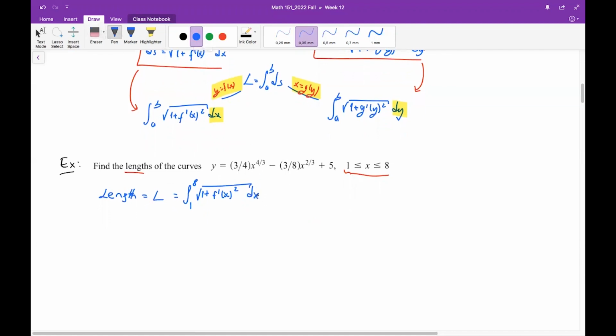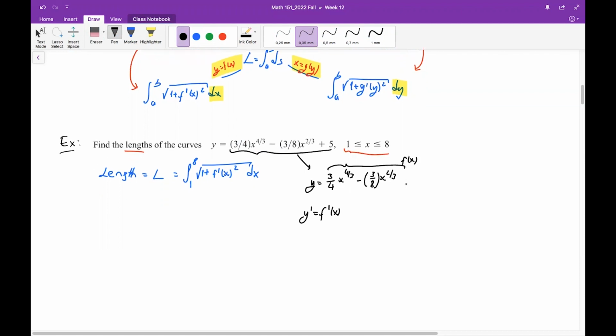Okay, so we need what? We need the first derivative of our function, where the function is given like this. So let's compute it. This is our f of x function. y is given by this formula, 3/4 x^(4/3) minus 3/8 x^(2/3). So what is y prime, which is the first derivative of your function where your f of x is this expression?